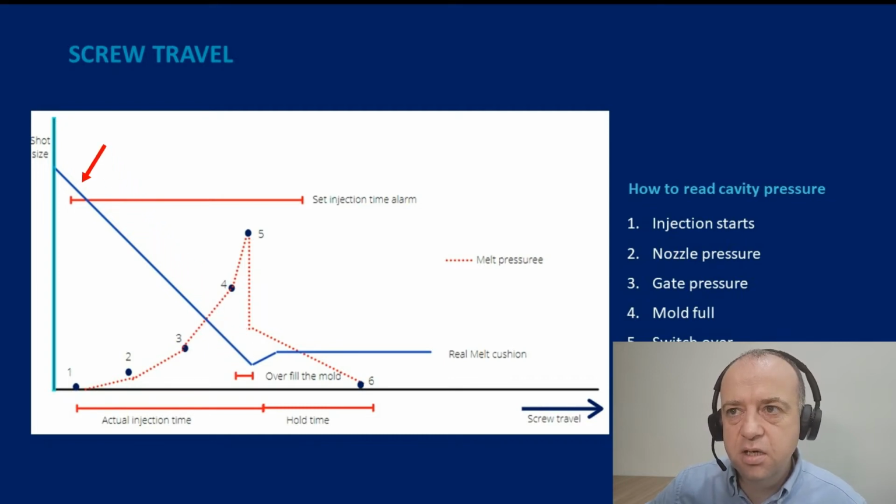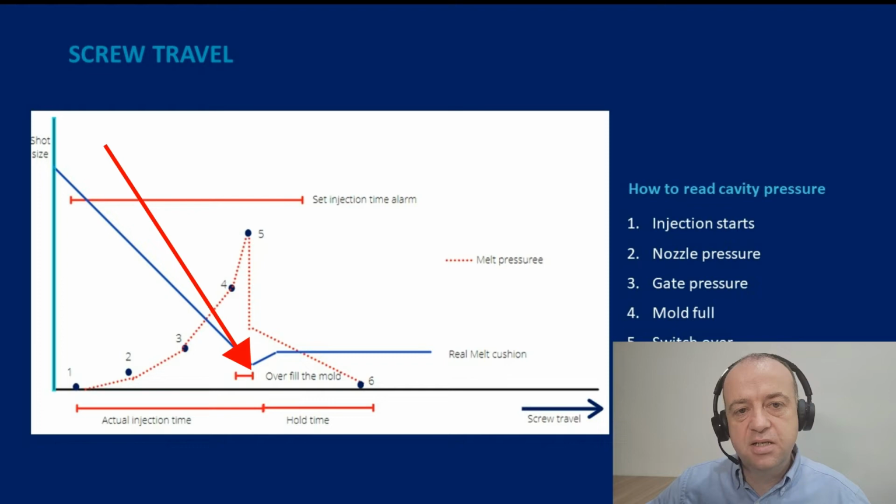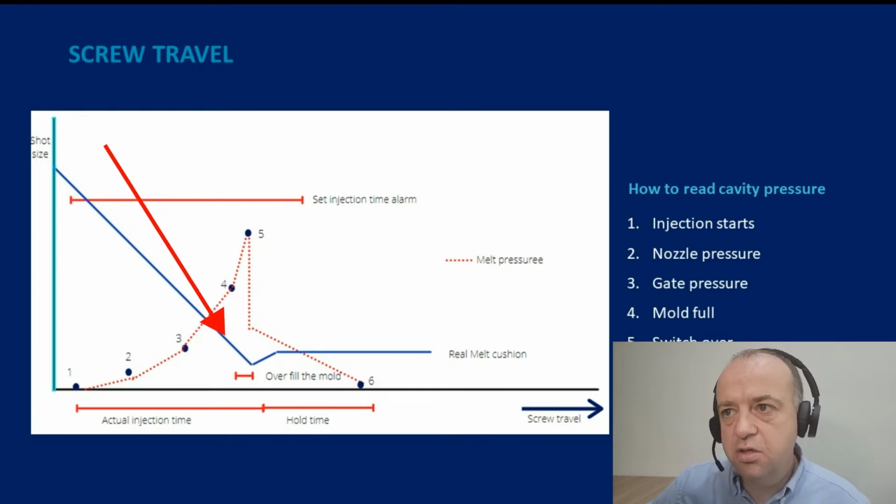So you're going to see the curve for your screw position decreasing from the plasticizing. Like I say, maybe we set it at 100 and we're injecting all the way down to our switchover, where let's say we've set it at 10 millimeters. So you'll see that curve, a straight line going down.